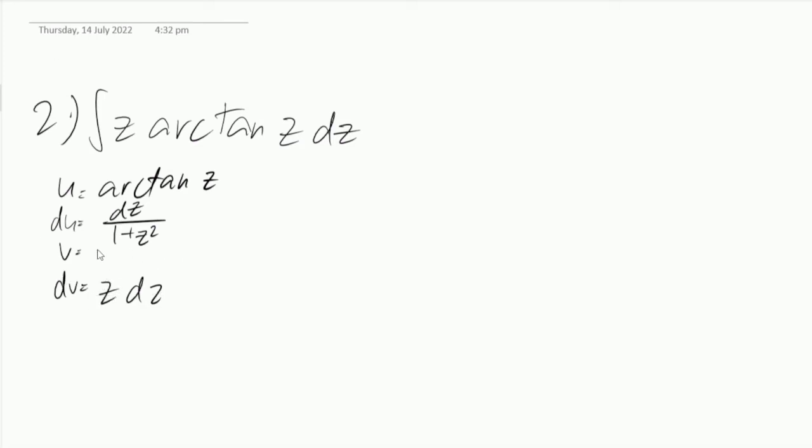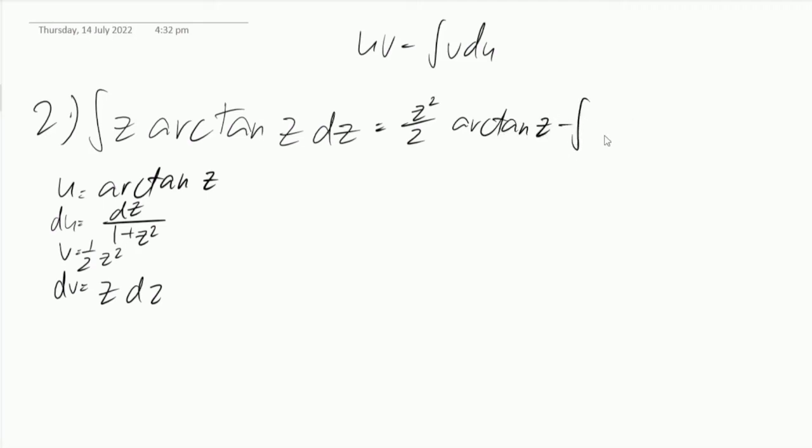So if we follow the formula of uv minus integral of v du, we will get z squared over 2 arctan z minus the integral of z squared all over 2 times 1 plus z squared dz.